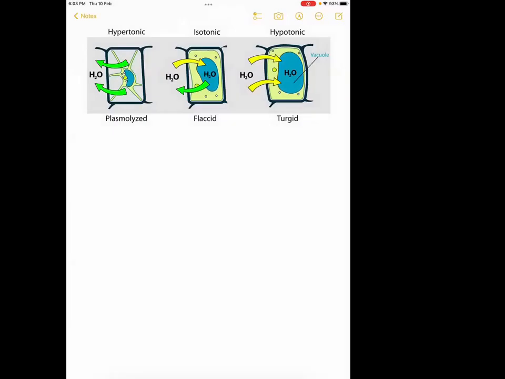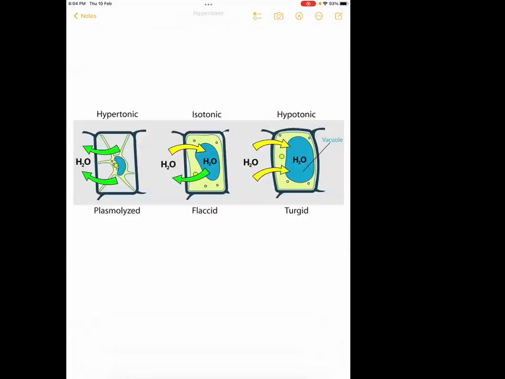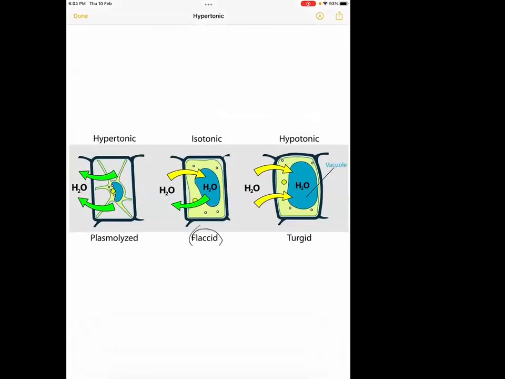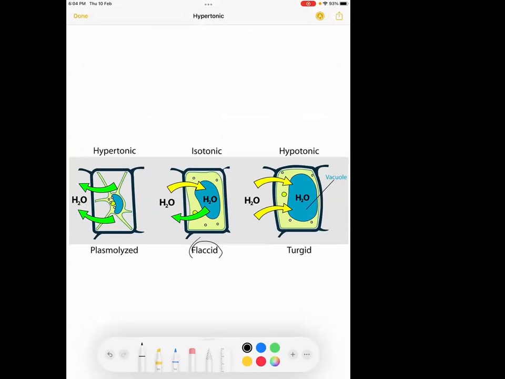Okay, here you can clearly see the different states of a plant cell. We have flaccid, and then turgid and plasmolyzed.